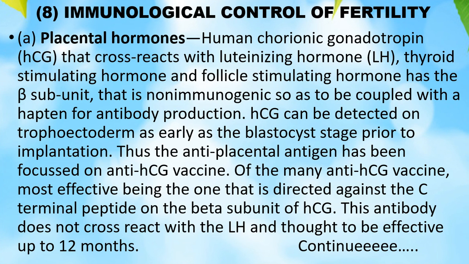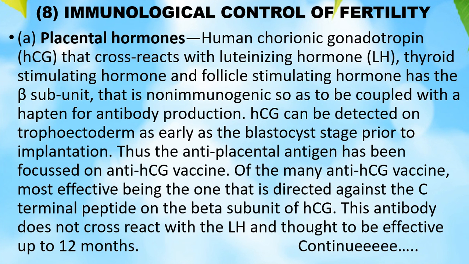Next is immunological control of fertility. First, A is the placental hormones. Human chorionic gonadotrophin cross-reacts with luteinizing hormone, thyroid stimulating hormone and follicle stimulating hormone, as they share an alpha subunit. The beta subunit is immunologically distinct, so it is coupled with antibody production.